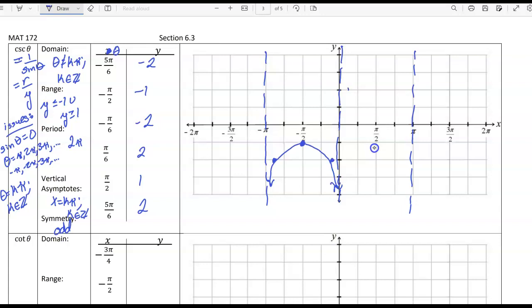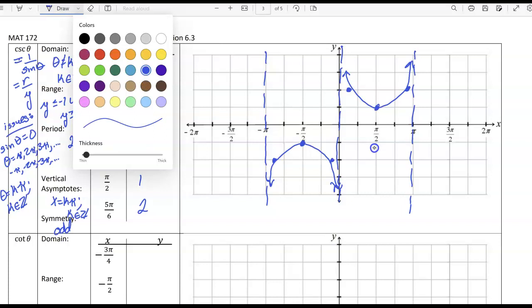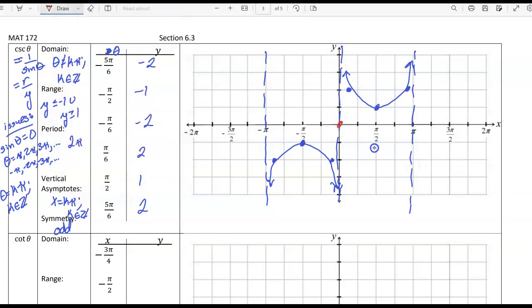And then pi over 6, 2, and then 1, and then back at 2. So just to show you, if we were to graph that sine function on top of it, sine had coordinates at 0, 0, pi over 2, 1. Work something like this. So you can see that sine function weaving between that blue cosecant function.